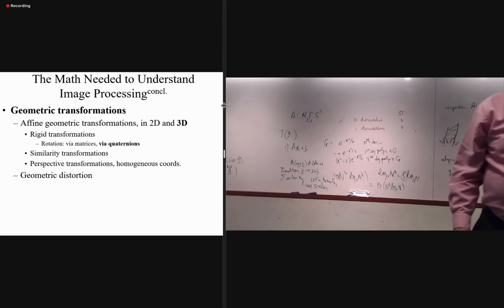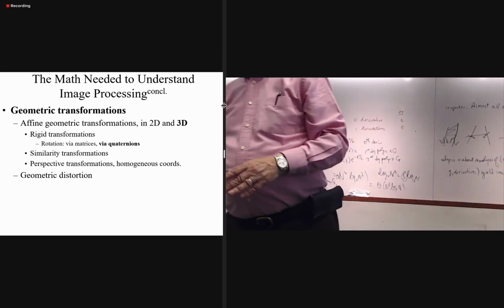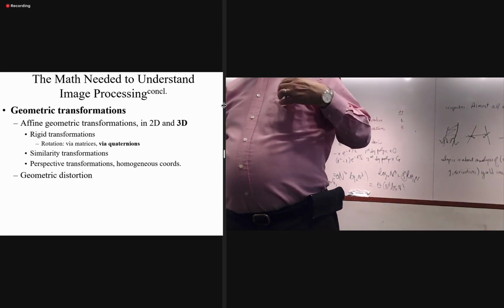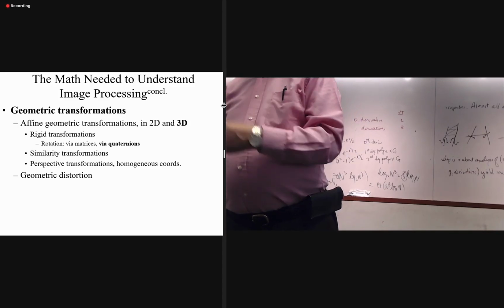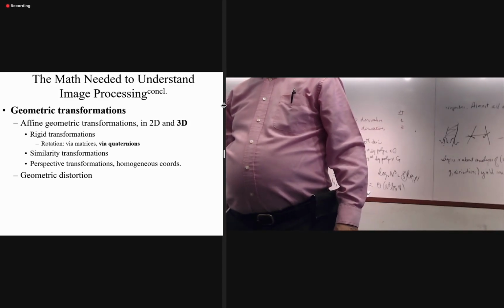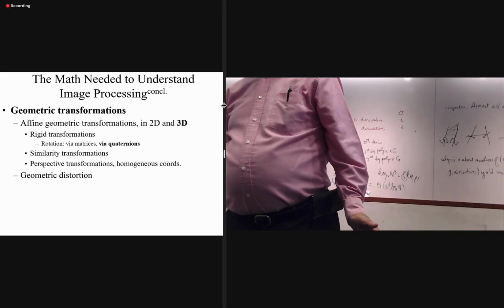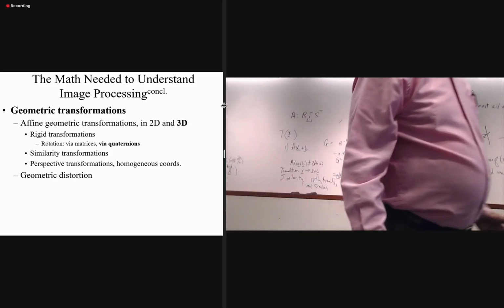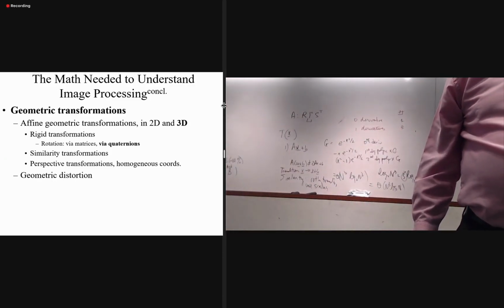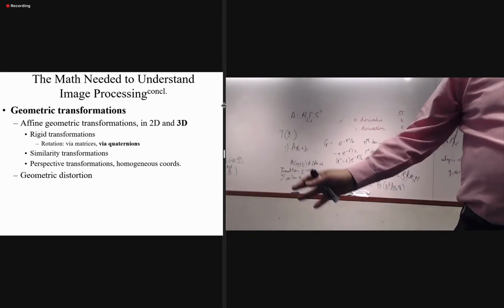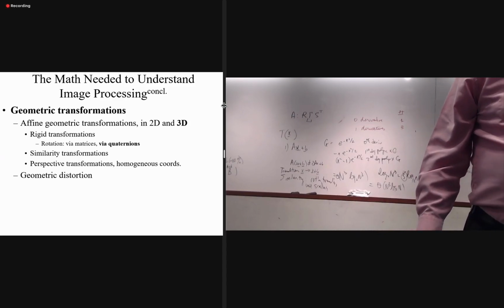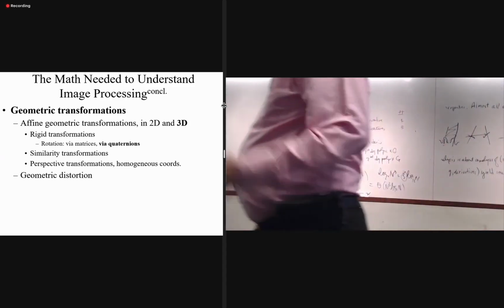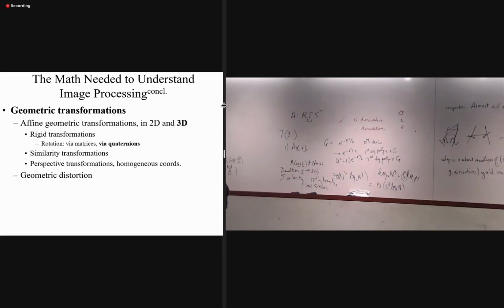Right? And radiographic devices also have that property. The things that are more distant from the X-ray tube appear smaller. And so we have to be able to handle that and account for it.